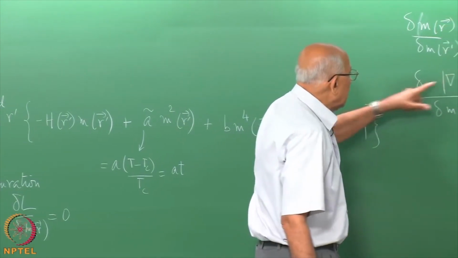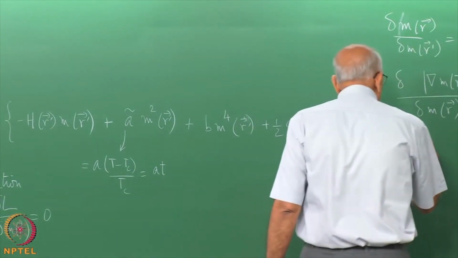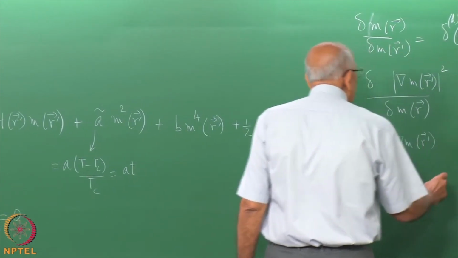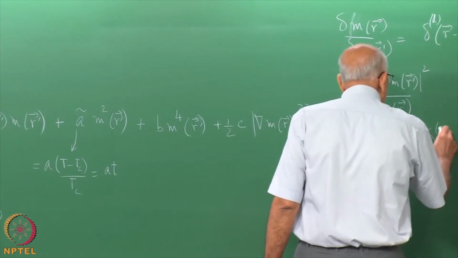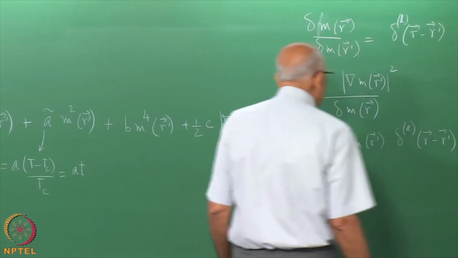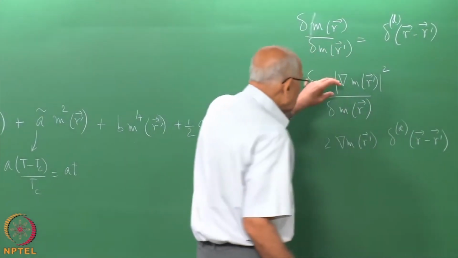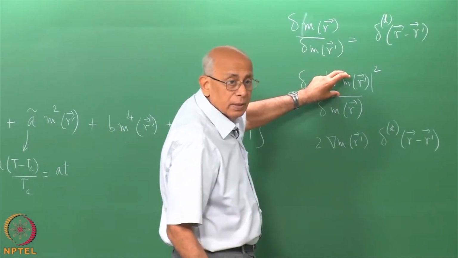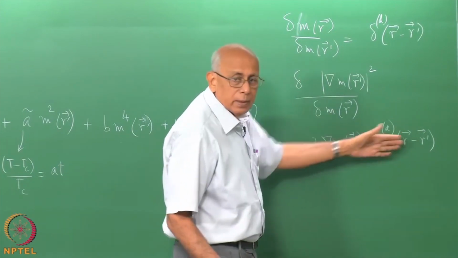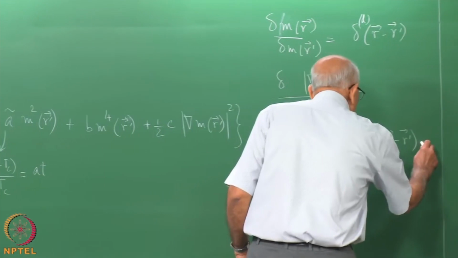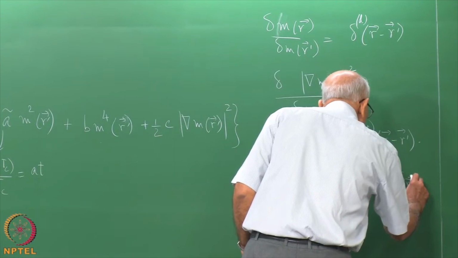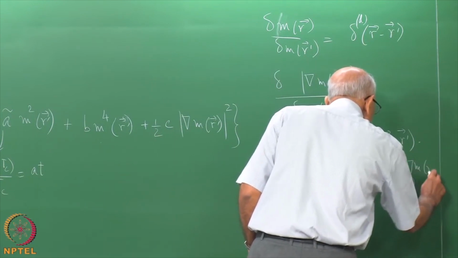This is going to give you twice the gradient of m of r prime times the derivative of the delta function of r minus r prime, times the functional derivative of the gradient itself. But because it has got to be a vector, this is a dot product with delta over delta m of r, gradient m of r prime.